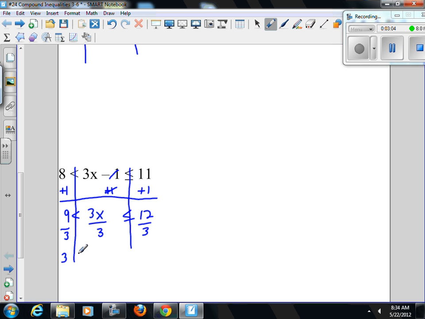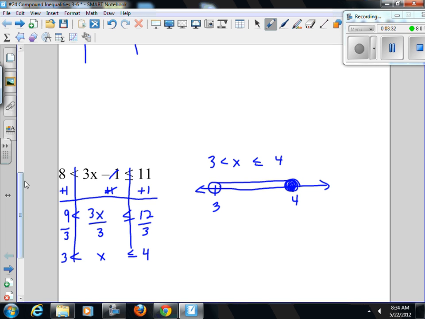So I have 3 is less than x, which is less than or equal to 4. So in this case, here's our 3 and 4, our lower and upper boundaries. 3 has got a less than symbol associated with it, so it's an open dot. 4 has less than or equal to, so that's got a closed dot. And now we just connect the two.